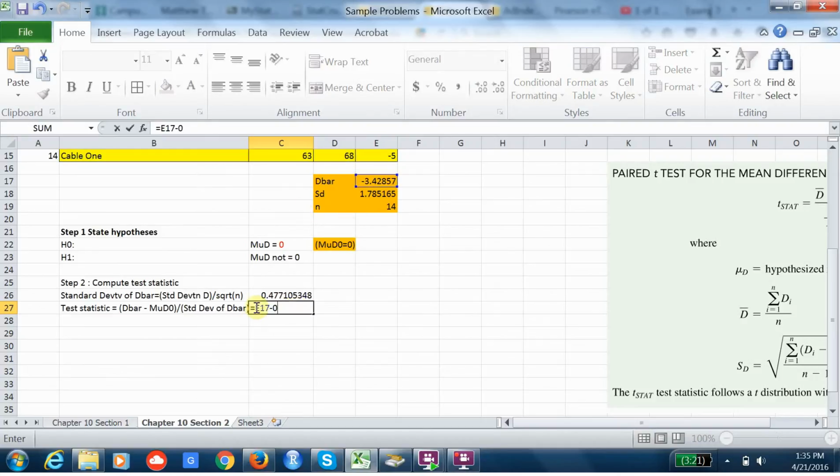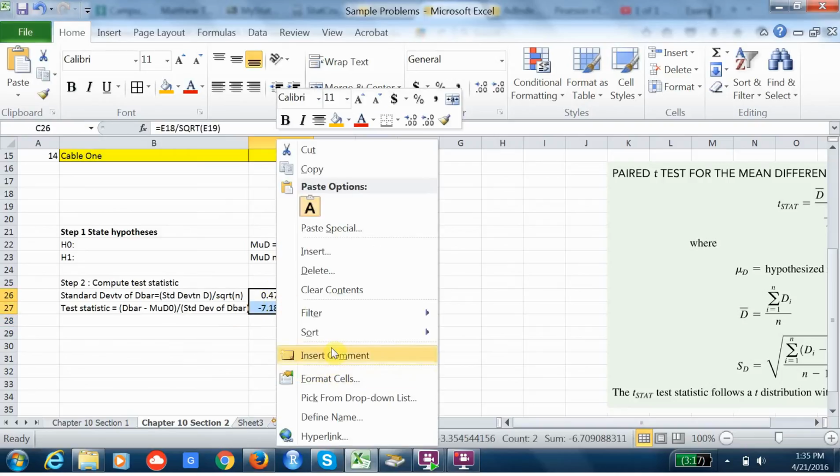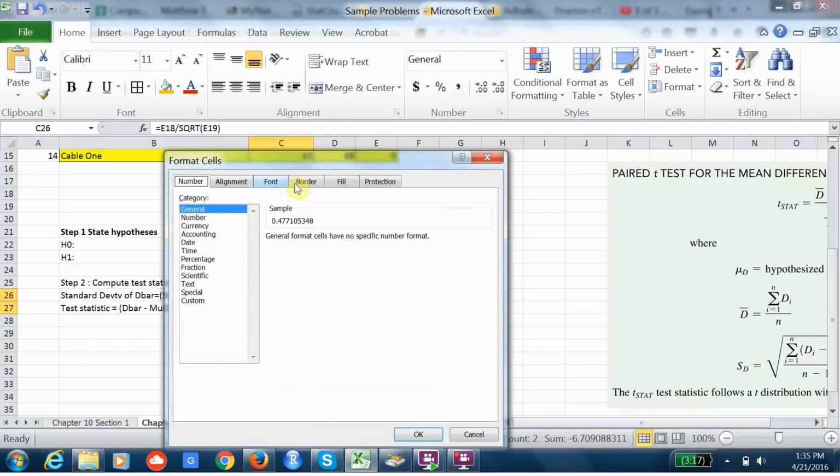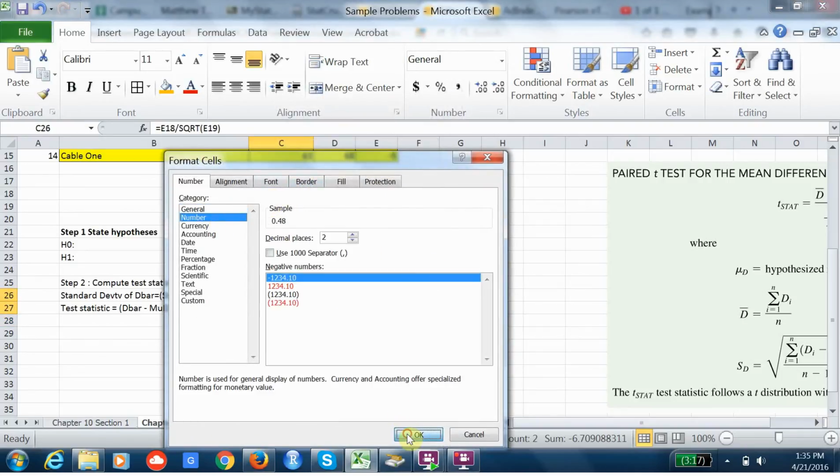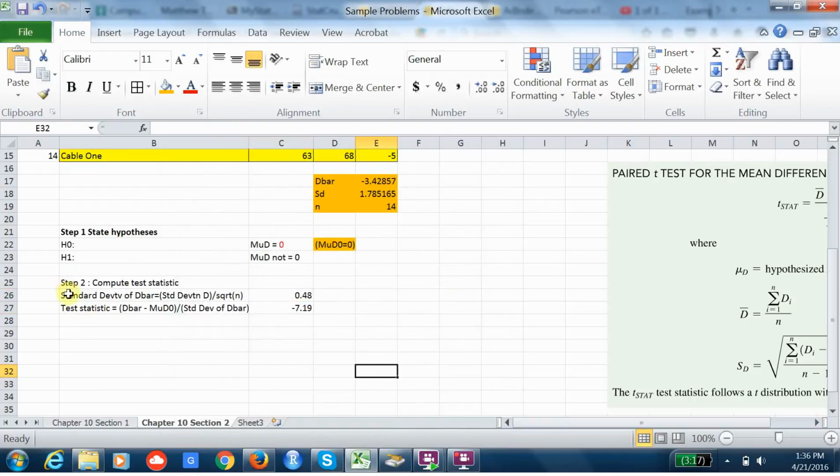That's our mu d naught. It's always a number on the right hand side, divided by this. And our test statistic is huge. Okay, even for a t-distribution, that's a very large value. And let's go ahead and just round these off so it looks nice. And there we go. Okay.